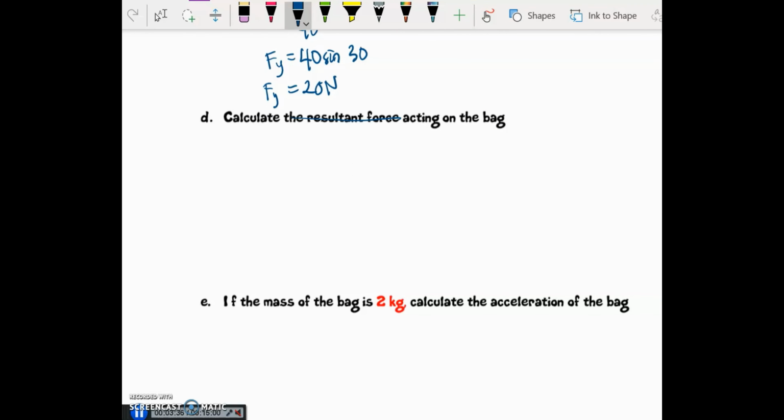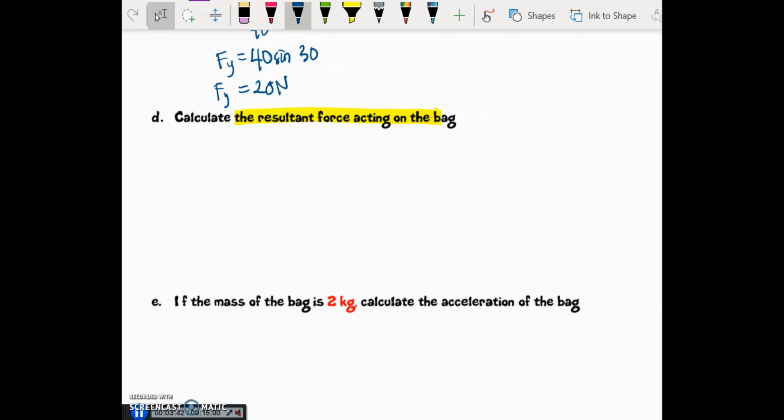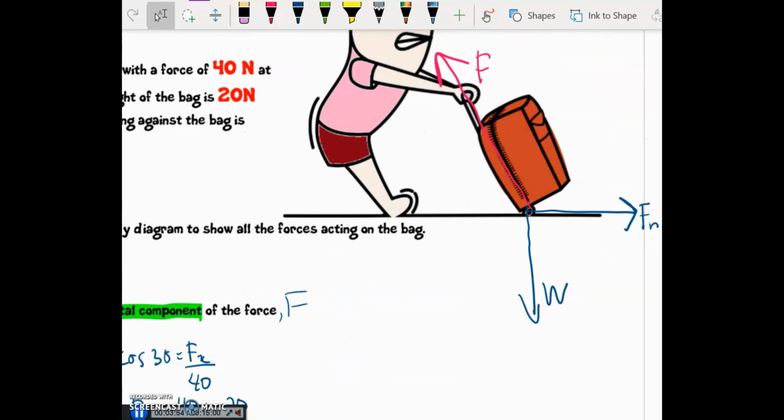Next, calculate the resultant force acting on the bag. Okay, so this question here is actually a question from subtopic 1.1, resultant force. But here, since you have two directions, let's look at the diagram.